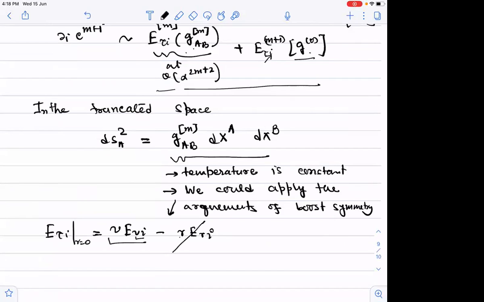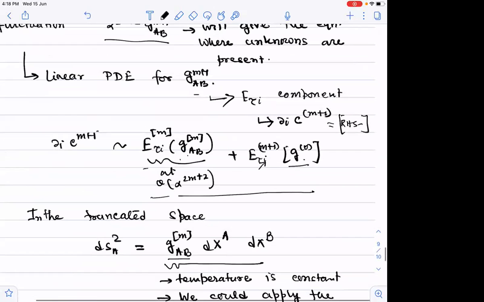And E V I, you see, is a term which has a boost to it V. And the metric is being evaluated on GMAB, which is stationary and temperature is constant. So this will vanish using the arguments of boost symmetry. So therefore, E tau I at r equal to 0, because it is of this form, will vanish. The same is true here.